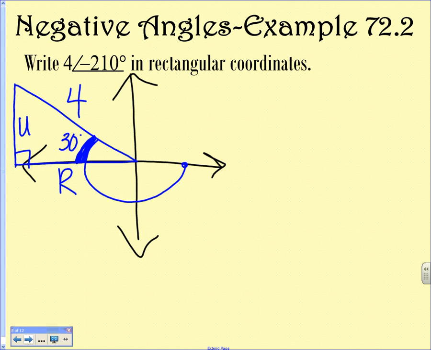So how do I find my R and my U? Okay, so you put the 4 over there. And what do you get for U?